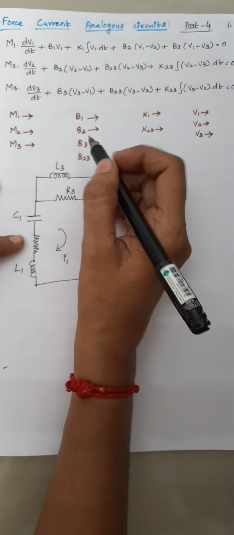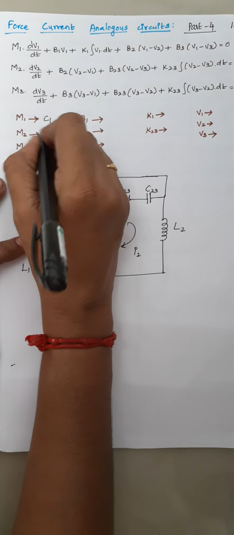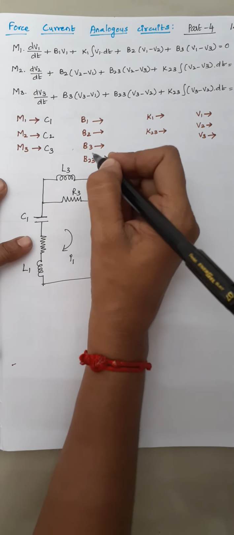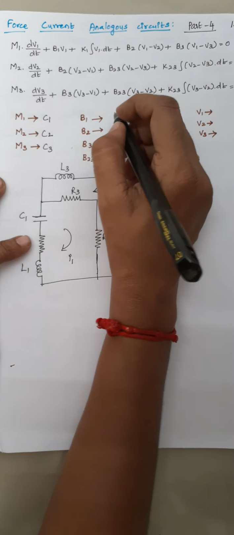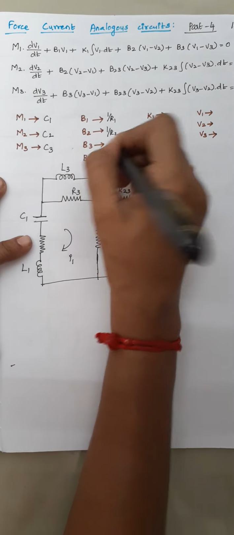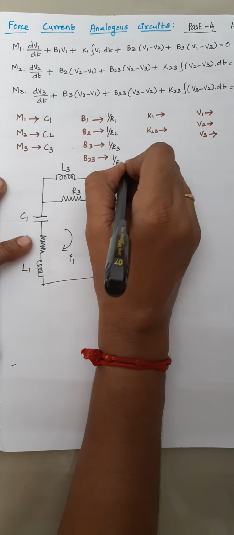The first thing is, m1 should be replaced as c1, m2 as c2 and m3 as c3. And b1 is replaced as 1 by r1, 1 by r2, 1 by r3 and b23 as 1 by r23.